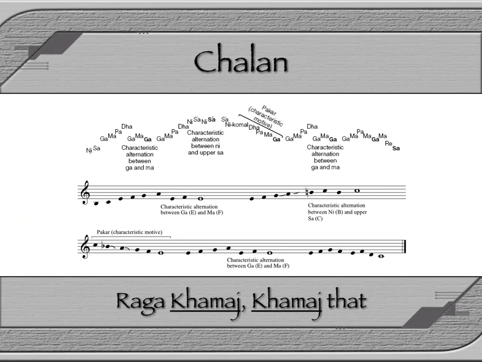A chalan is yet a more expanded representation of a raga's characteristic rising and falling melody that includes characteristic motives. Note that now it's more than just a scale, but a pair of phrases, coming to brief cadences on ga and sa.